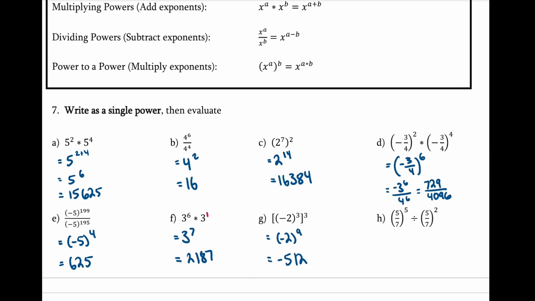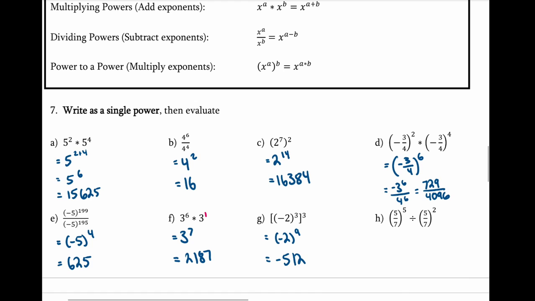H is dividing again. So if we divide powers, we have to subtract our exponents. So 5 over 7 to the power of 5 minus 2, or 3. If we want to evaluate this, then that exponent of 3 is going to go to both the top and the bottom.